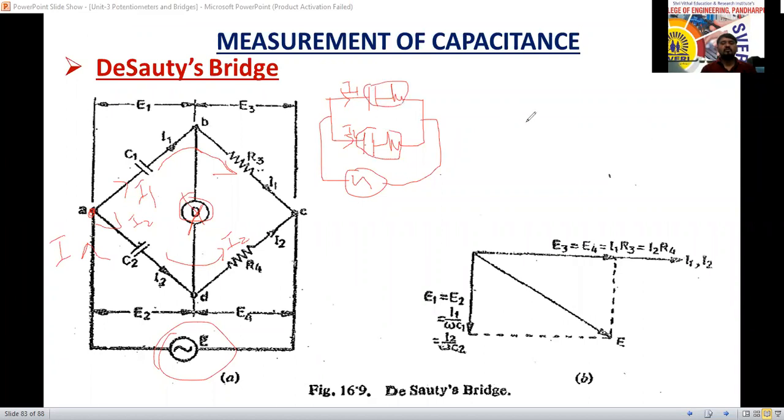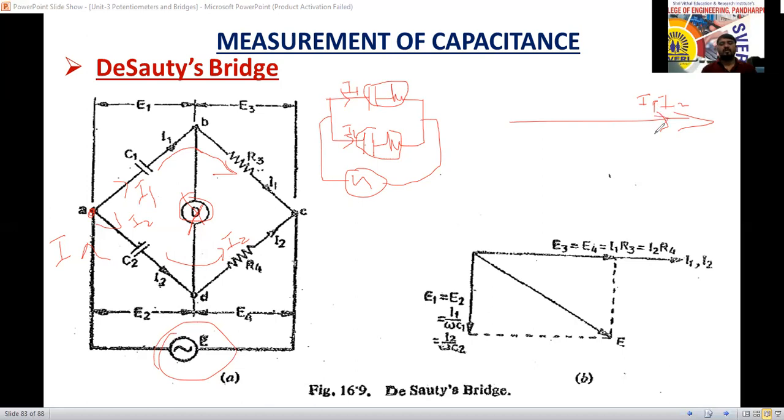Suppose I consider I1 and I2 as a reference here. Whatever it may be, both are in phase because both have the same RC load. I have taken I1 and I2 as the common reference here.